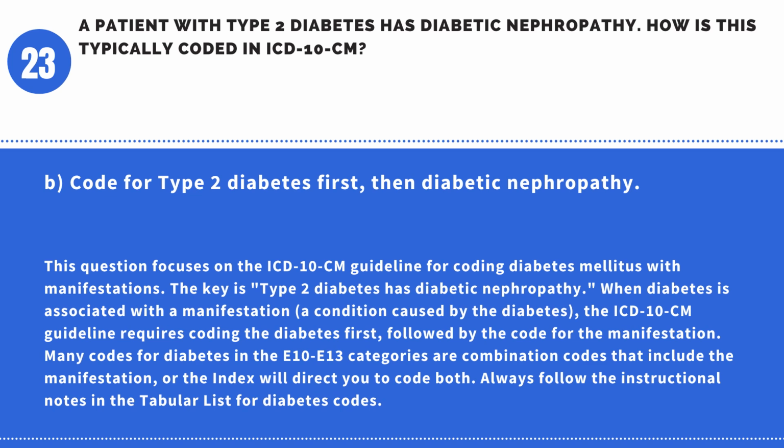When diabetes is associated with a manifestation, a condition caused by the diabetes, the ICD-10-CM guideline requires coding the diabetes first, followed by the code for the manifestation. Many codes for diabetes in the E10, E13 categories are combination codes that include the manifestation, or the index will direct you to code both. Always follow the instructional notes in the tabular list for diabetes codes.